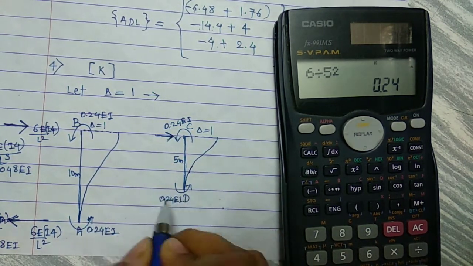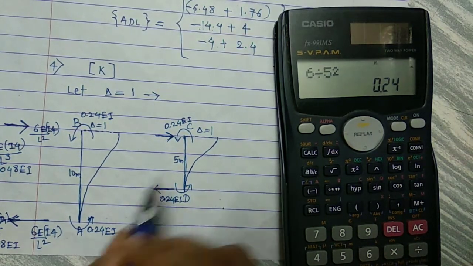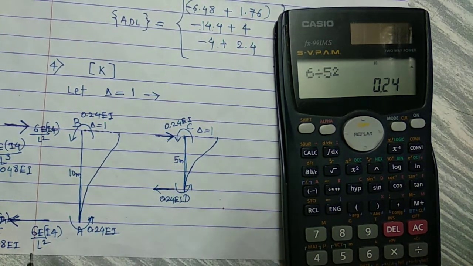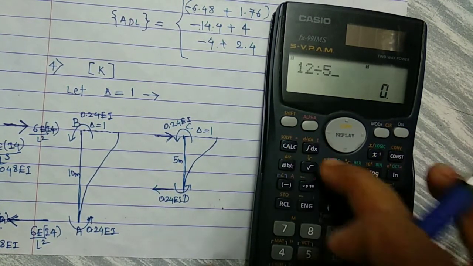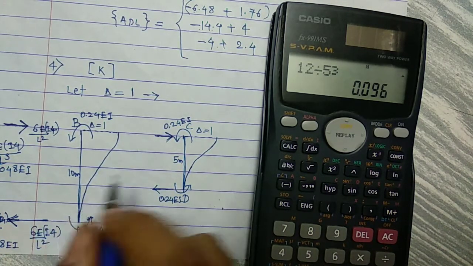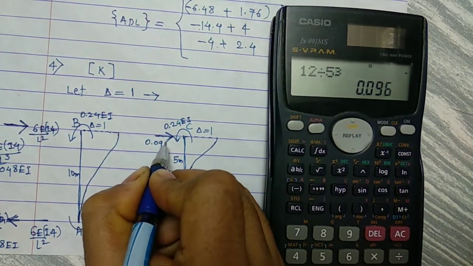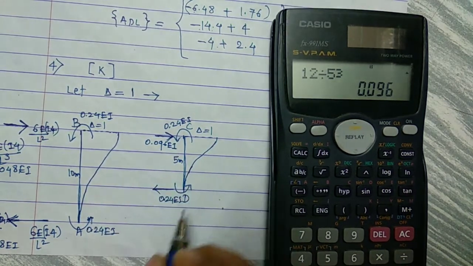The reaction should form a clockwise couple. So the reaction at C should be to the right, the reaction at D should be in the left direction. Magnitude 12 EI upon L cube, that is 12 upon 5 cube, 0.096 EI.